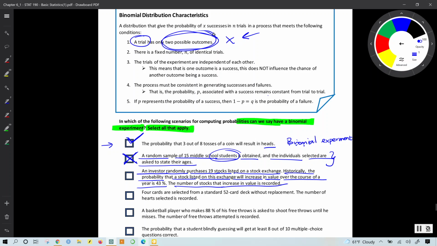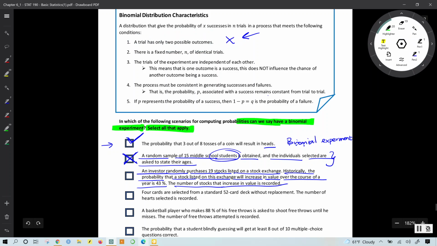Let's think through this. So in this context, we're interested in the number of stocks that increase in value. So if I pick of these 19 stocks, considering if I pick the first stock, you observe that within the context of this question, it will either increase or decrease. So I have two possible outcomes. That first condition is met.